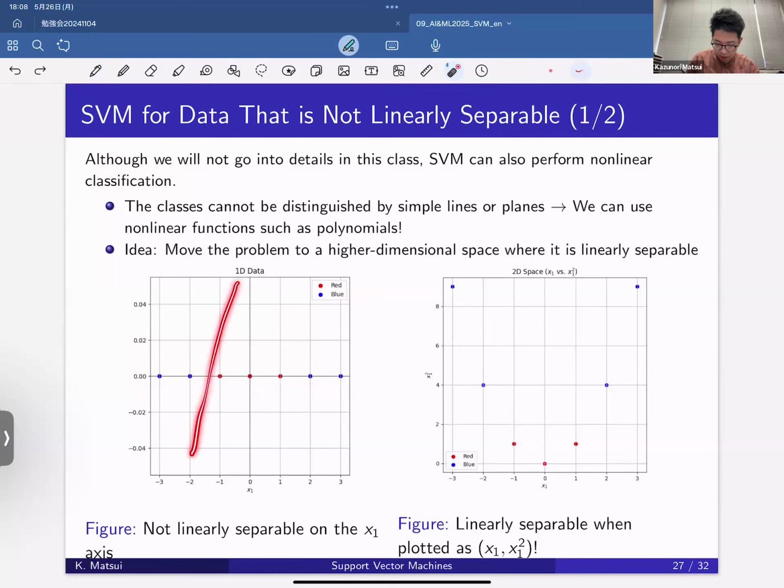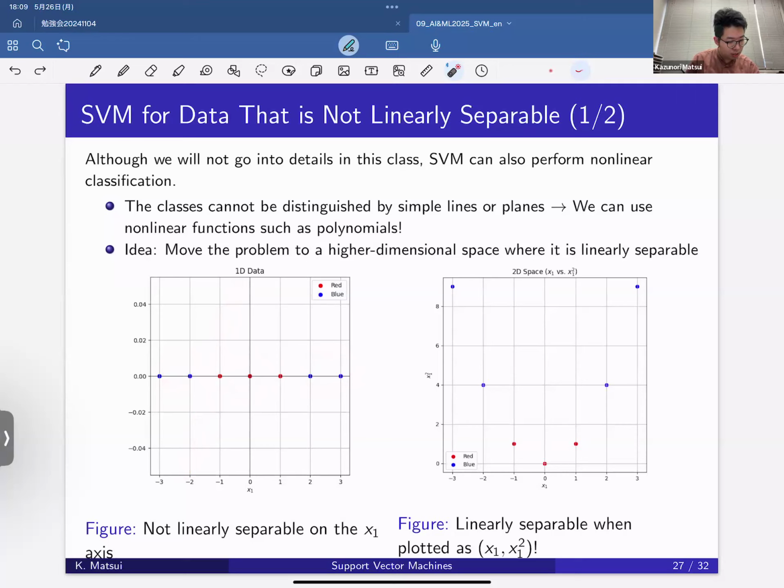If we divide it by this line, this is blue and red, but the blue part is also here, so it's not good. So the idea is to move the problem to a higher dimensional space where it is linearly separable.